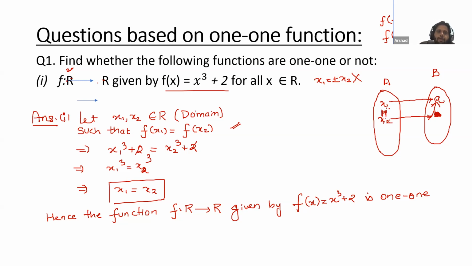That's why this is a one-one function. Your question is why we write the domain. We have written the domain because the elements x1 and x2 we need to select from the first set. That's why we have taken this one.